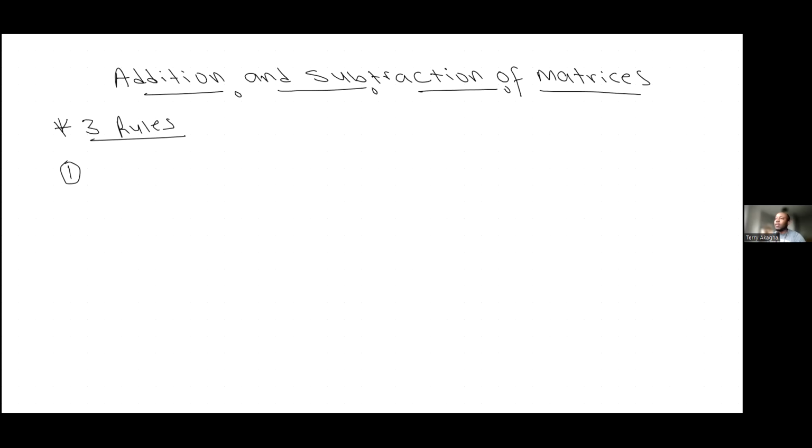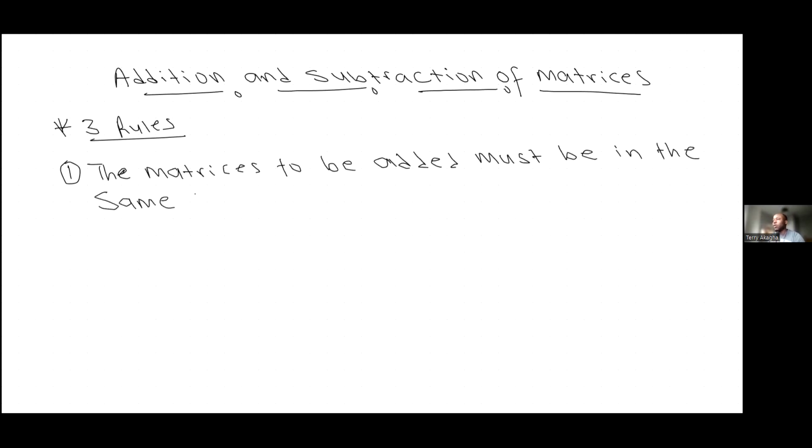So the first thing is that the matrices to be added must be in the same order. Now, this is very crucial. Before you start solving, they must be in the same order.